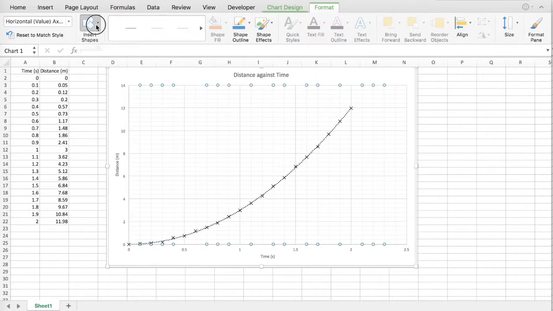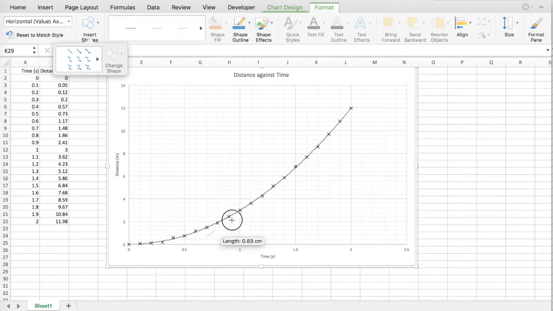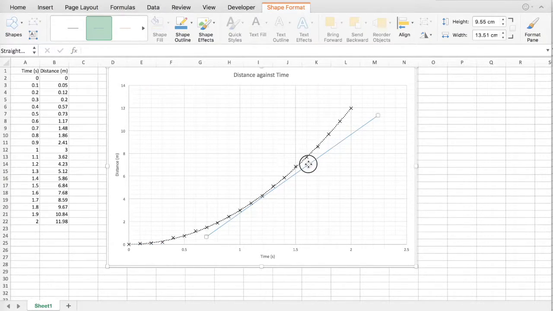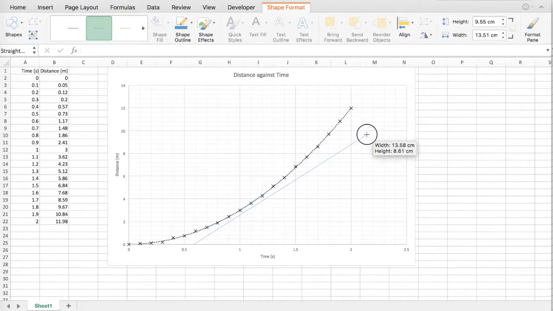So let's insert a shape, a straight line, and we will simply draw the line very roughly. Now we move it so it's just touching. Now it's too steep. We can see here it's touching about here and the separation is not correct, but I can move the ends.